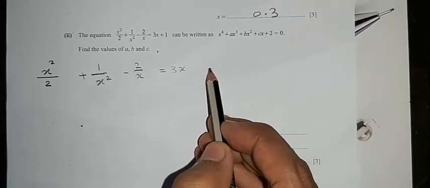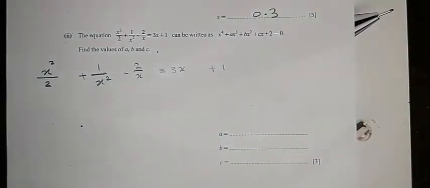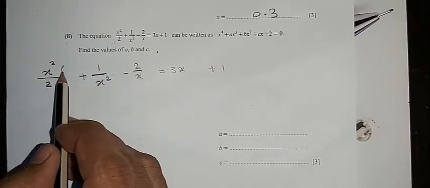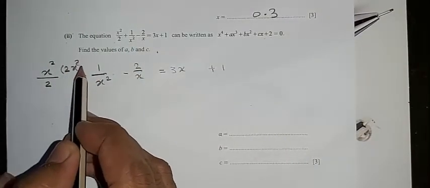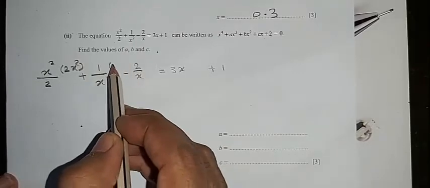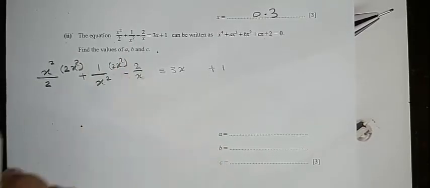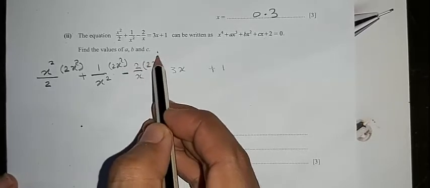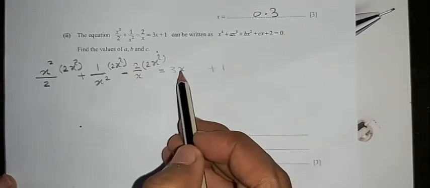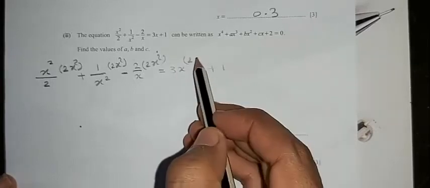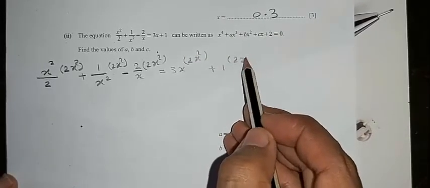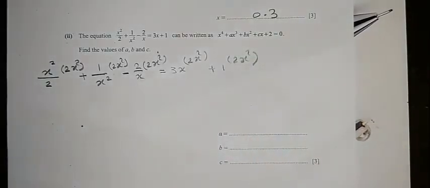3x plus 1, okay? We will multiply by 2x squared, okay, 2x squared here also 2 times 2x squared, and minus 2 over x times 2x squared equals 3x multiplied by 2x squared and plus 1 times 2x squared, okay?